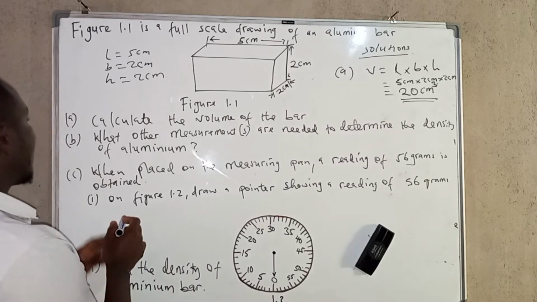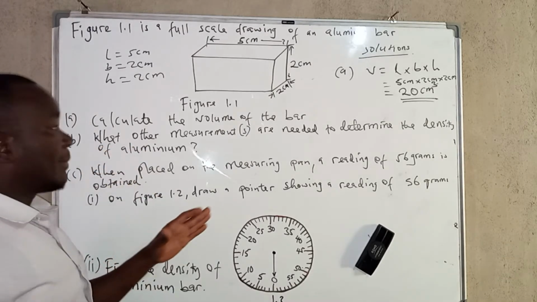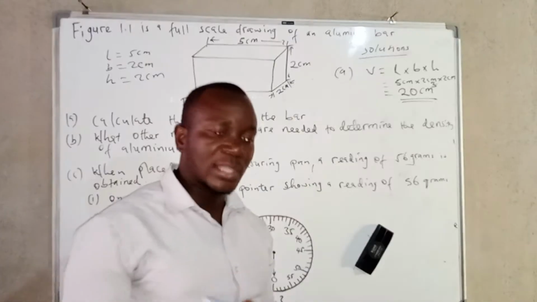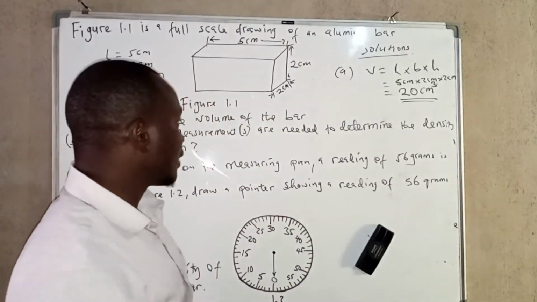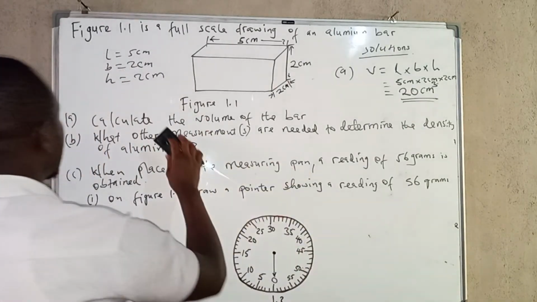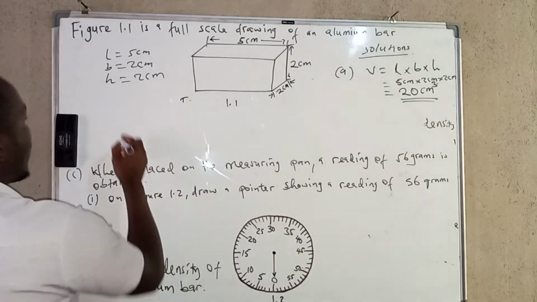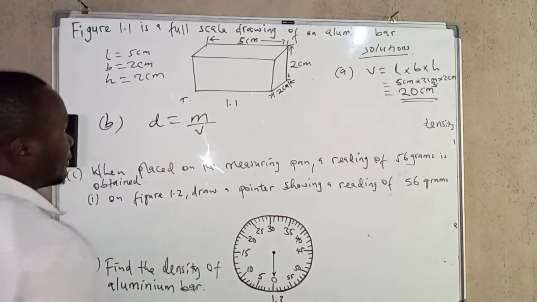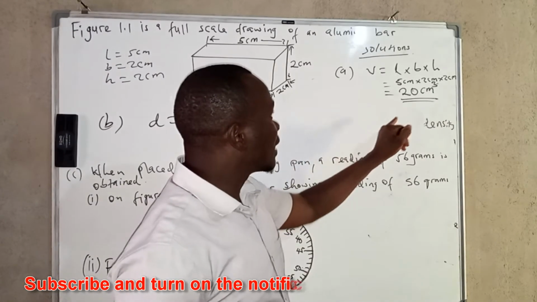Then the second part, what other measurements are needed to determine the density of aluminium? For B, we know that density is equal to mass over volume, and we have just calculated the volume here.